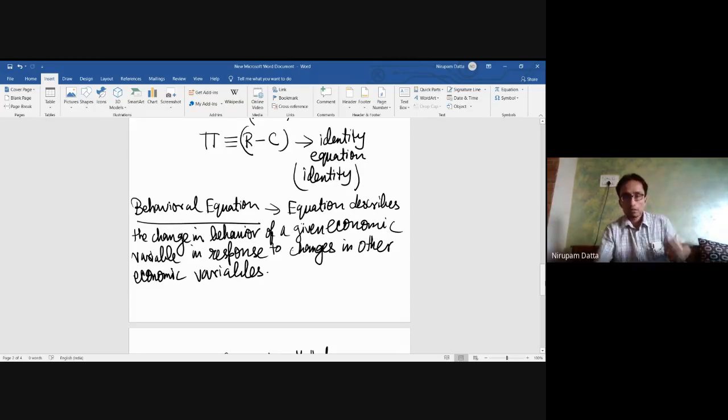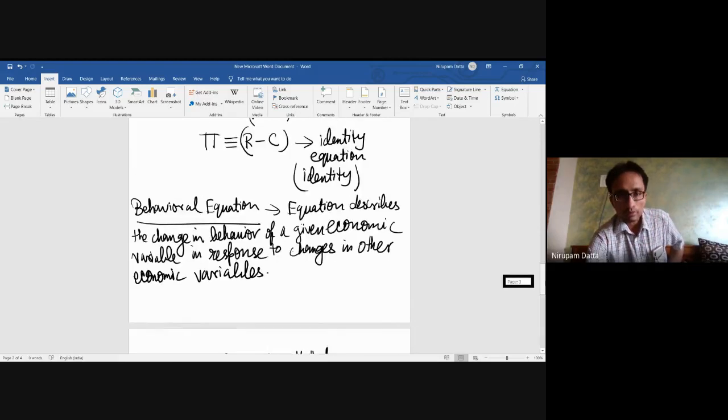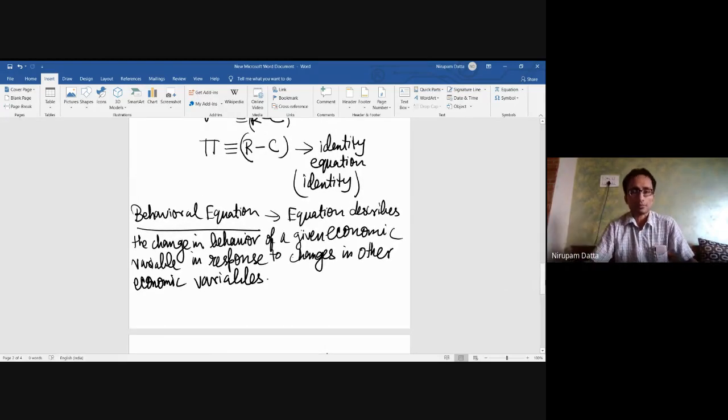So a behavioral equation is an equation that describes the change in behavior of a given economic variable in response to changes in other economic variables.